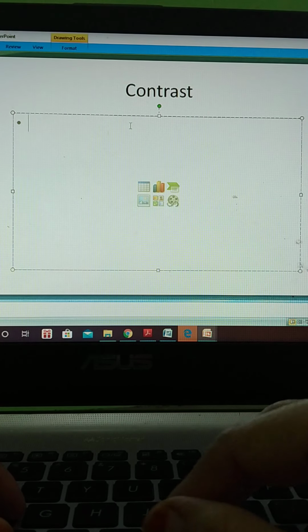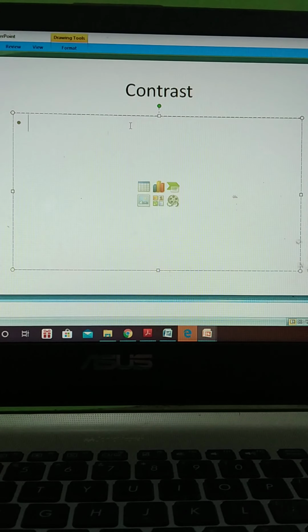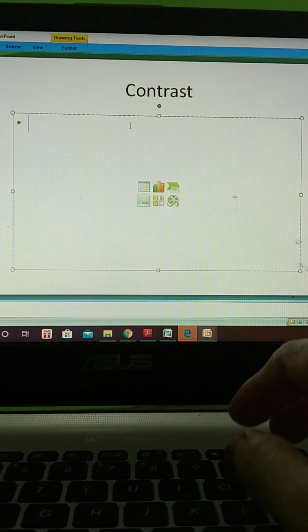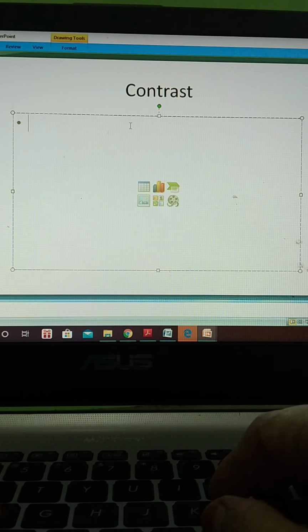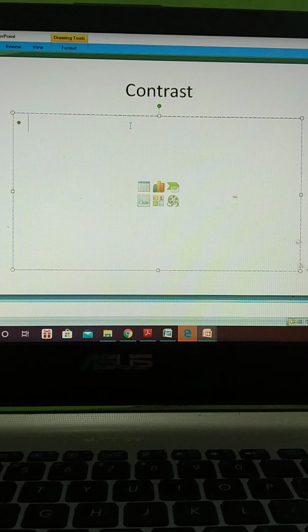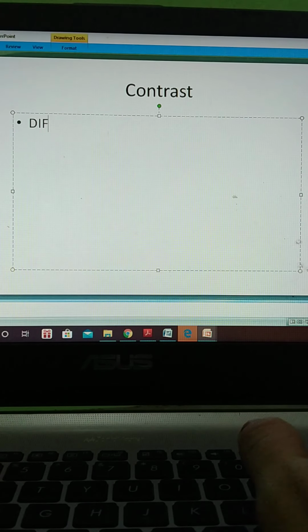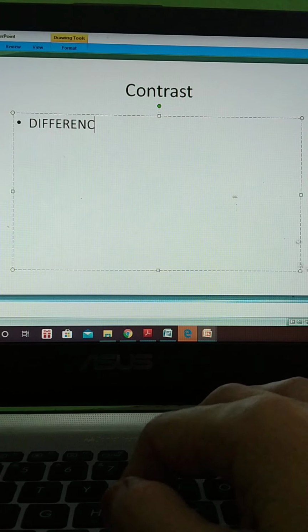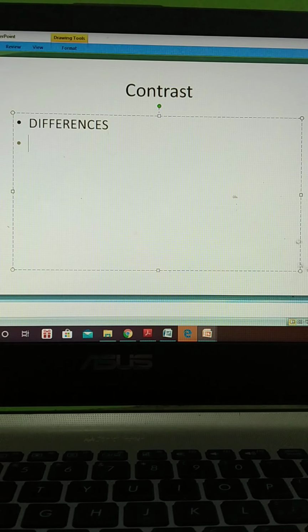When you do contrast, it means that you want to show not similarities but differences between two things. So the key point is differences. If comparing is for similarities, contrast is used to show differences.